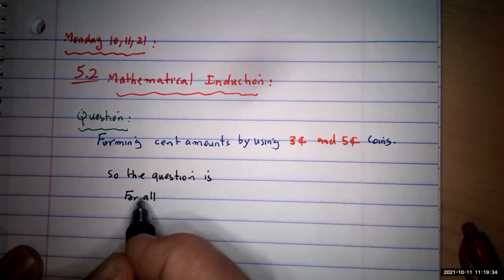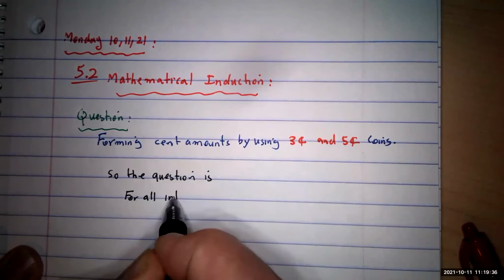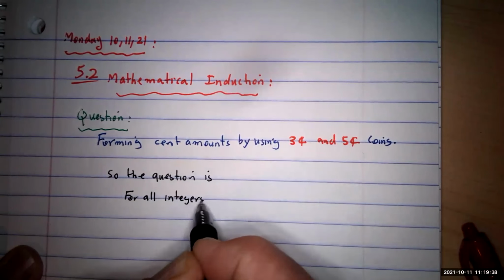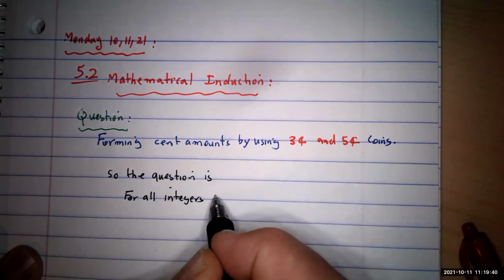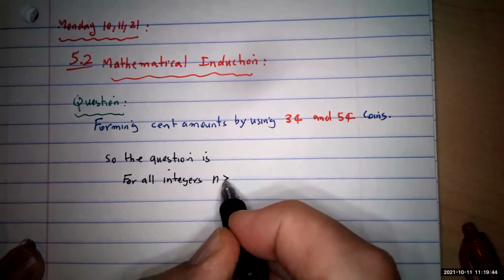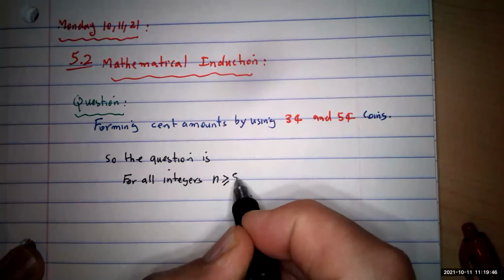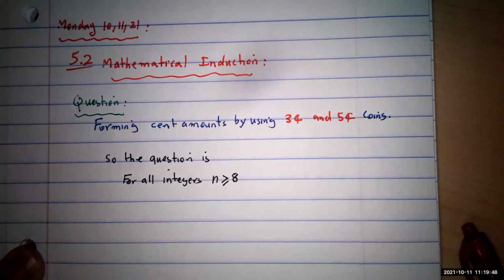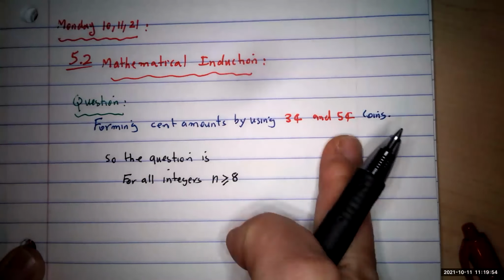for all integers, n is going to be the number of cents. You must have at least 8 cents. For all integers n greater than or equal to 8, you want to show that this can be written as a combination of 3 and 5.